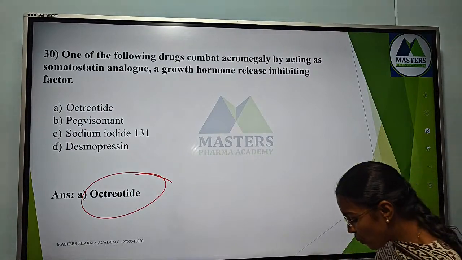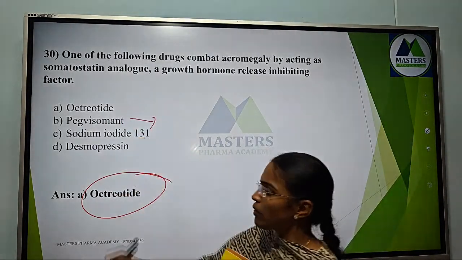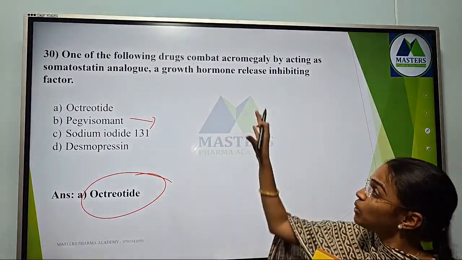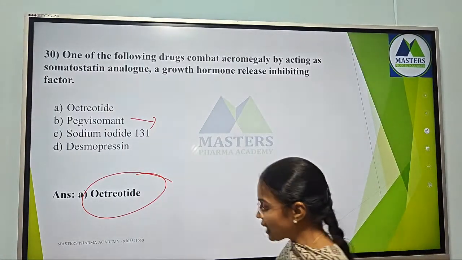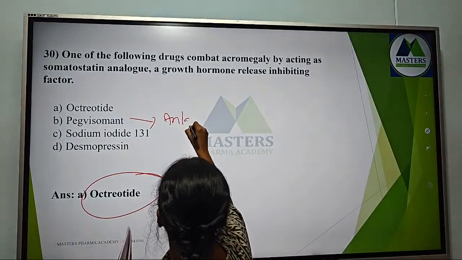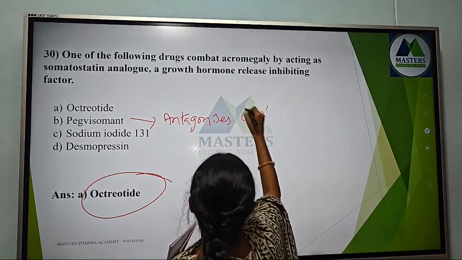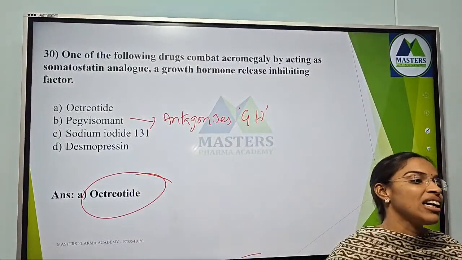And what is pegvisomant? Pegvisomant is also related to acromegaly, but it acts by antagonizing GH. GH is growth hormone. Pegvisomant is a growth hormone antagonist.